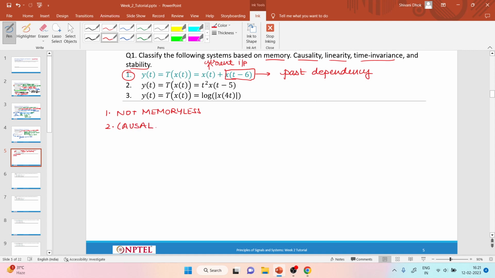Now let us look at linearity. For linearity, we need to look at two properties. The first one is additivity and the second one is homogeneity. So first let us look at additivity.